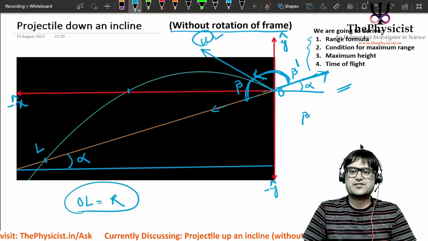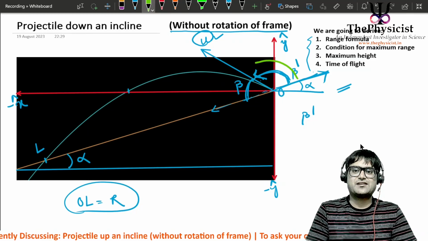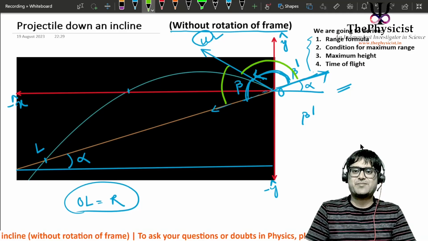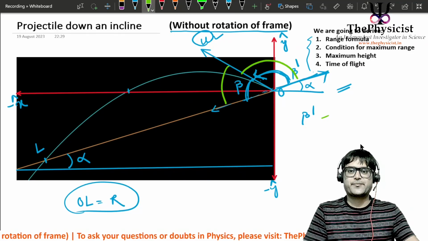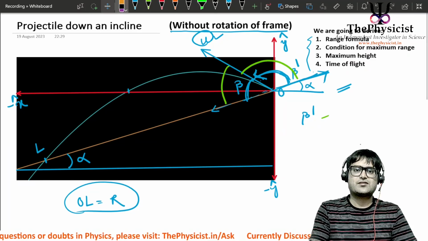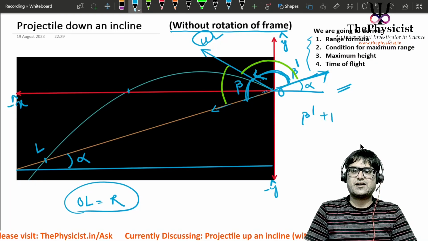What is beta dash? Yeah, this beta dash angle, this beta dash angle, and this is beta. So beta dash plus beta.